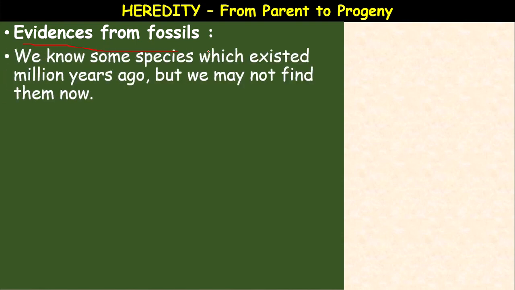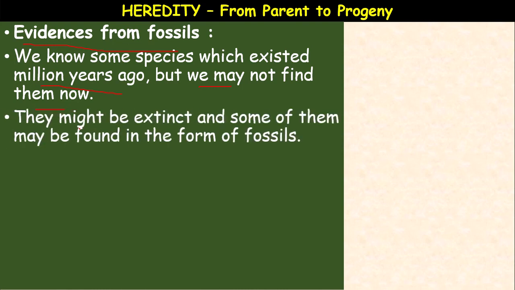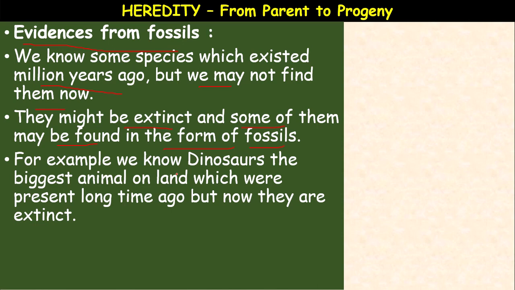We know some species which existed millions of years ago, but we may not find them now. For example, dinosaurs, okay, they might be extinct, meaning disappeared, and some of them may be found in the form of fossils. So, scientists and geologists conduct excavations.